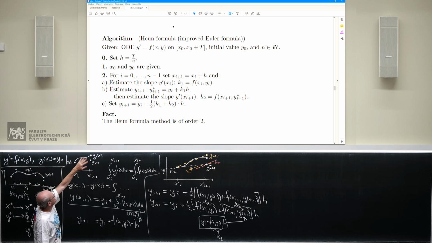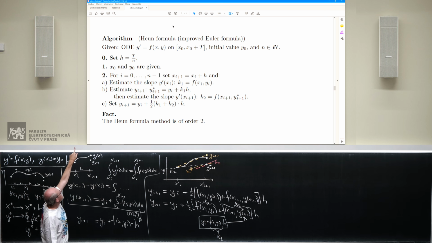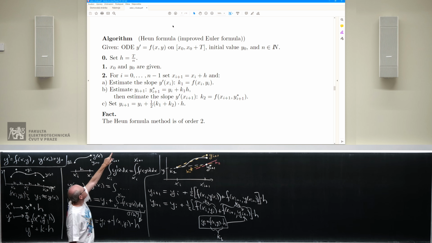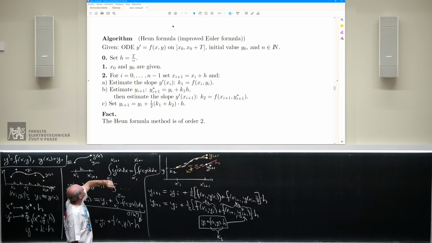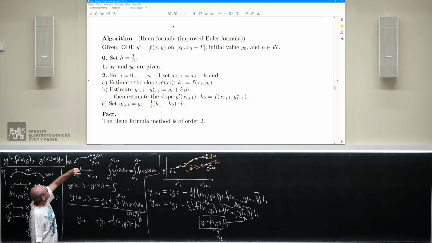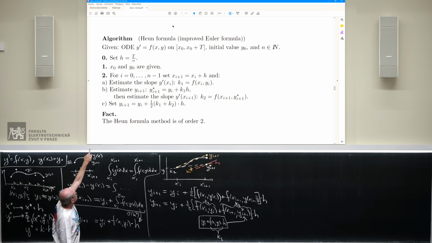Okay, the familiar setup: differential equation, partition, step size, and so on. X naught and Y naught are given, everything as we know it. Now it gets interesting. How do we pass to the next yi plus 1? First of all, we estimate the slope at the point xi. That's why I call it k1 here. Then we use k1 to find an estimate of yi plus 1, which is the yi plus 1 star.